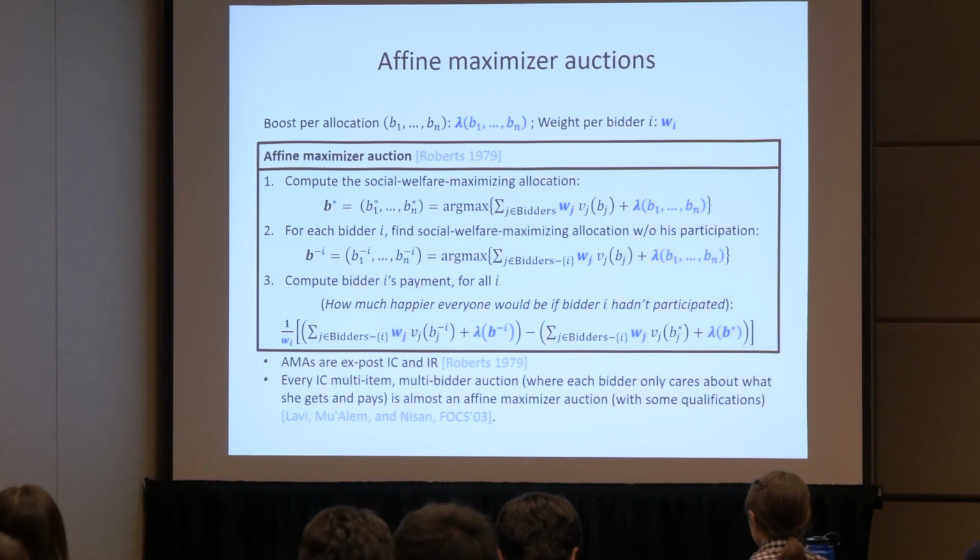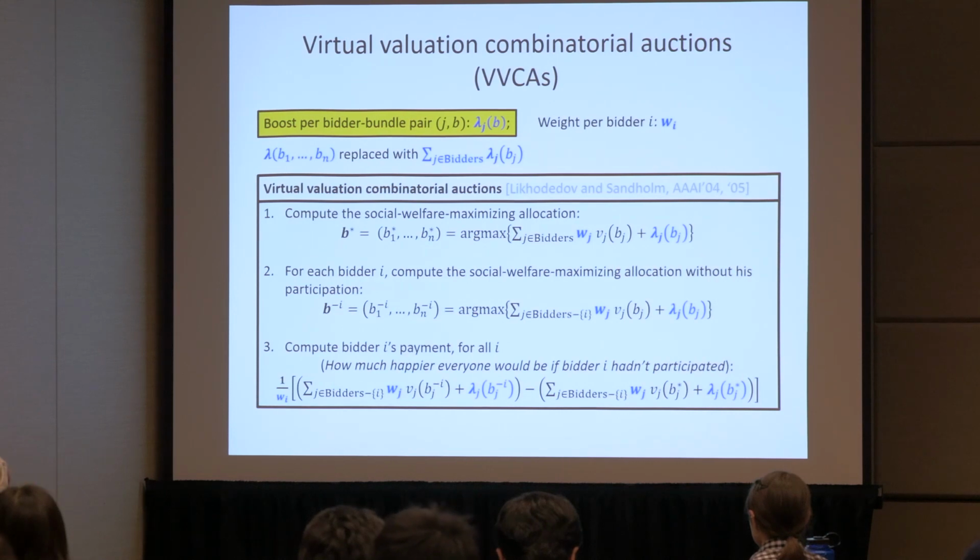Okay. So now we have this parametric space. We also wanted to see with Anton as to, could we somehow generalize the idea of Myerson's auction and virtual values into the multi-item setting? And we proved that you can a little bit, but only very little. So you have to have these virtual valuations that are linear, unlike in the single item case. And that's what we call a virtual valuations combinatorial auction.